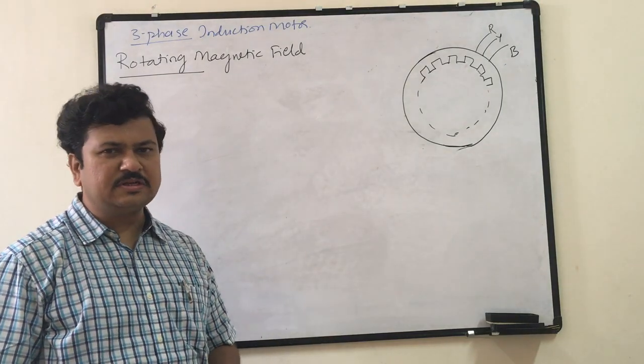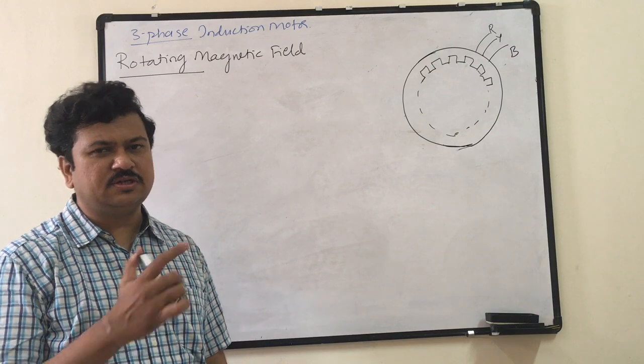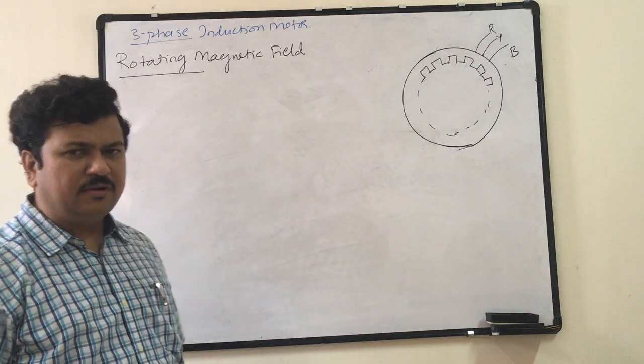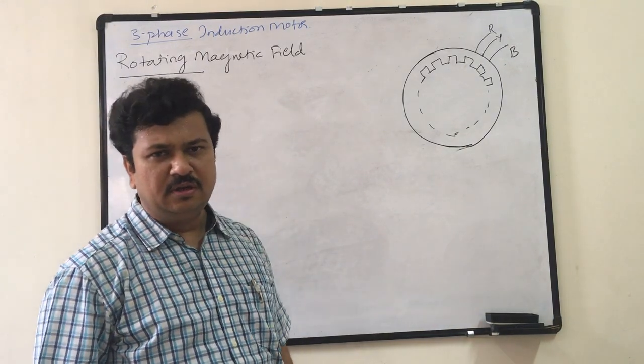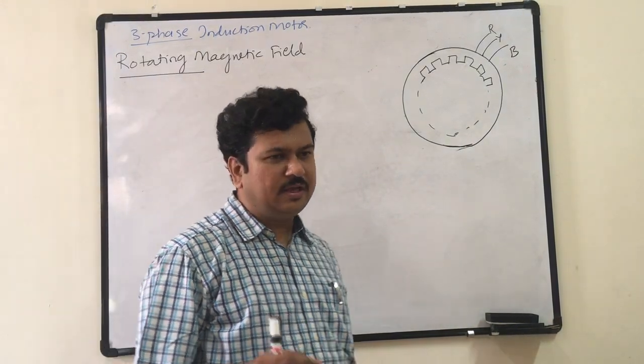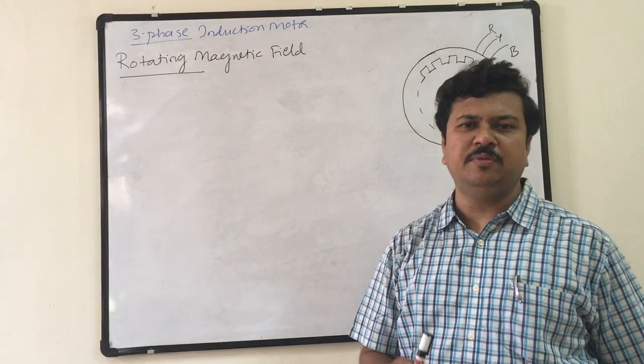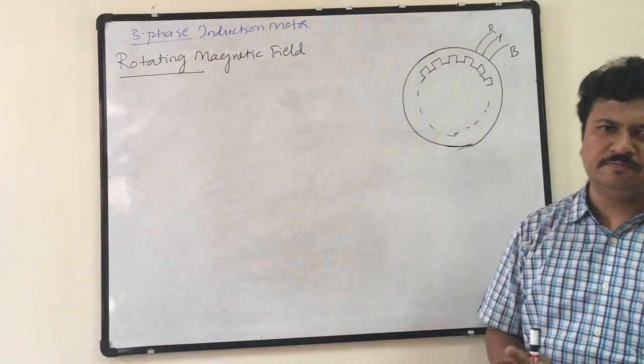Now when three-phase currents are flowing, three-phase fluxes are produced. Current and flux will always be in phase. I told that in the previous transformer case. If there is a flux produced by any conductor, then that flux will always be in phase with that current.